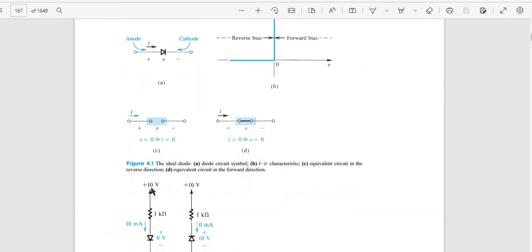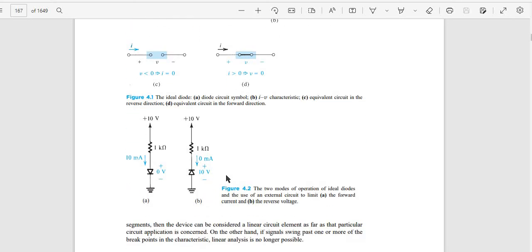The diode circuit symbol, B IV characteristic, C equivalent circuit in the reverse direction, D equivalent circuit in the forward direction. Figure 4.2, the two methods of operation of ideal diodes and use of an external circuit to limit the forward current and the reverse voltage. This is forward and this is reverse.